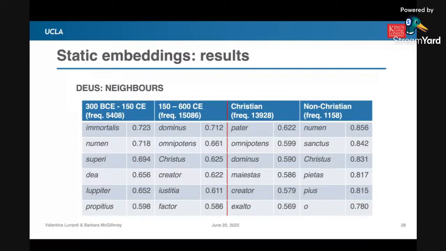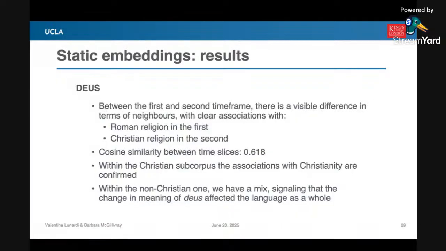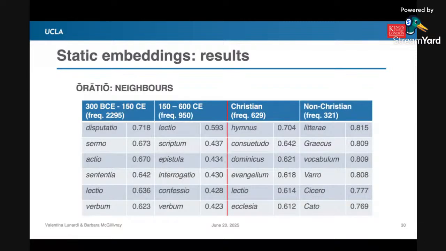So that might show that the change spread beyond simply religious Christian texts. Okay, so that I already told you about, so we can move on to the next word.